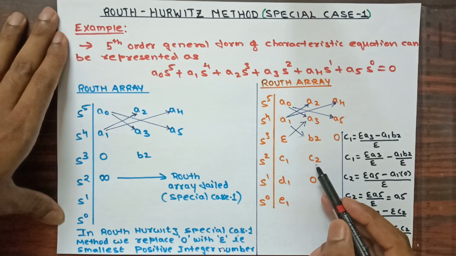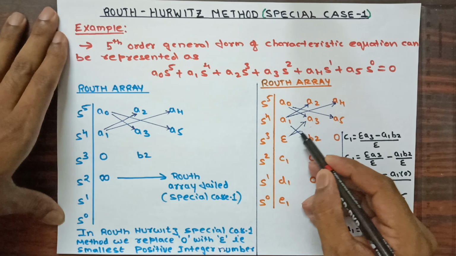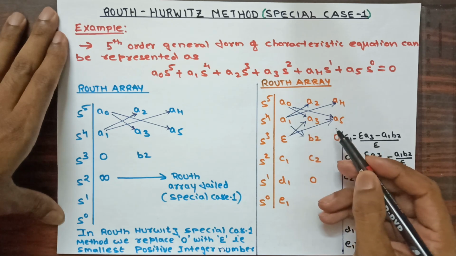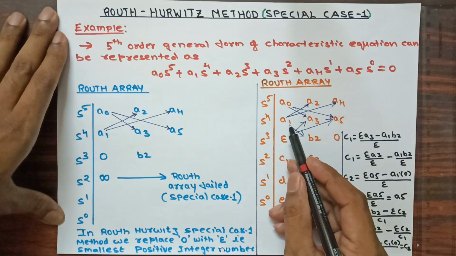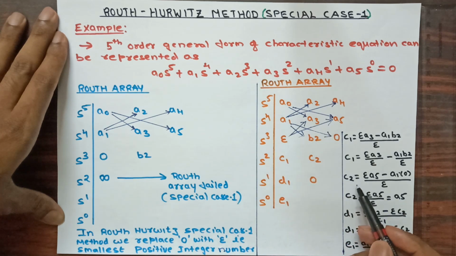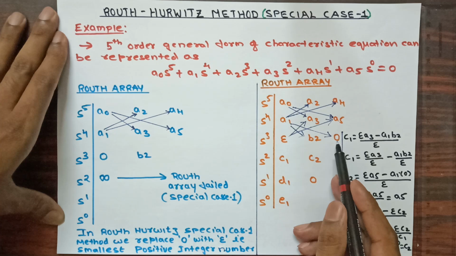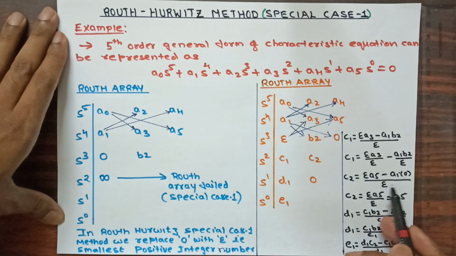Now to get the c2 value, that is the second value in the fourth row, we are going to multiply epsilon with a5 minus a1 with 0. You can see here to get the c2 value, I have multiplied epsilon with a5, epsilon into a5 minus a1 into 0, whole divided by epsilon.